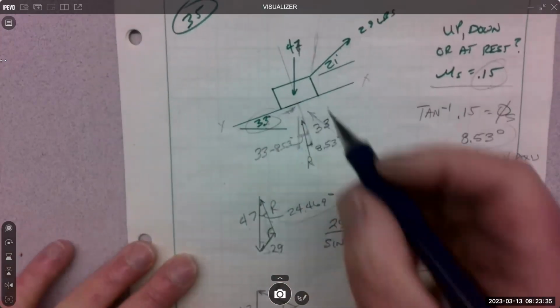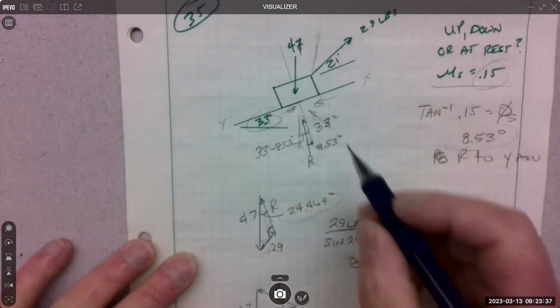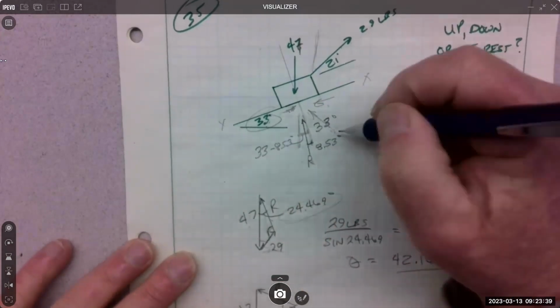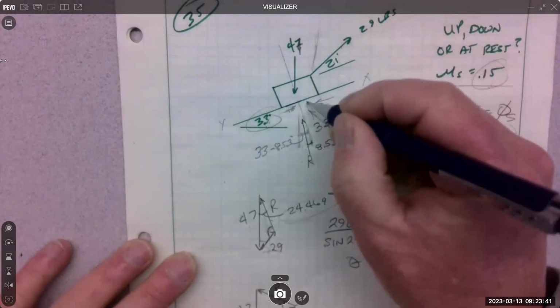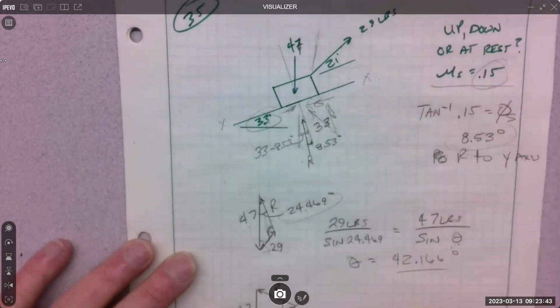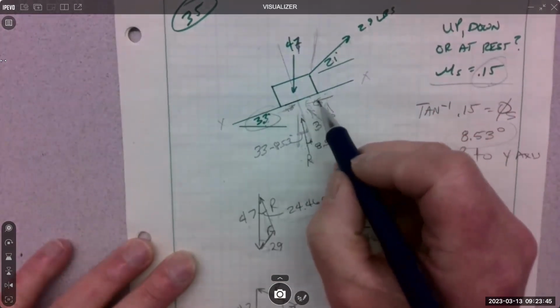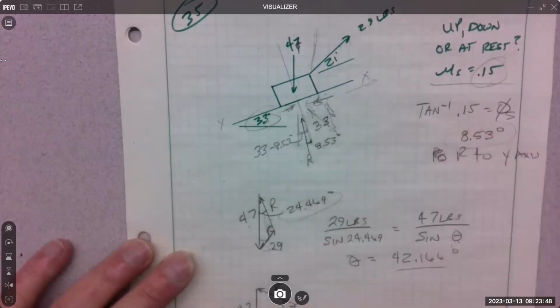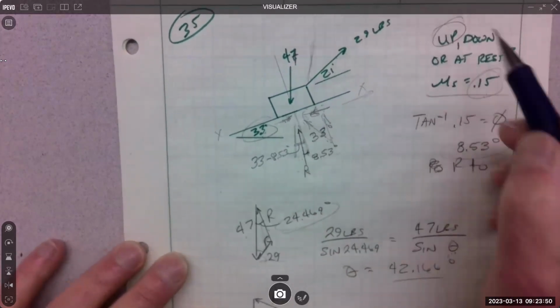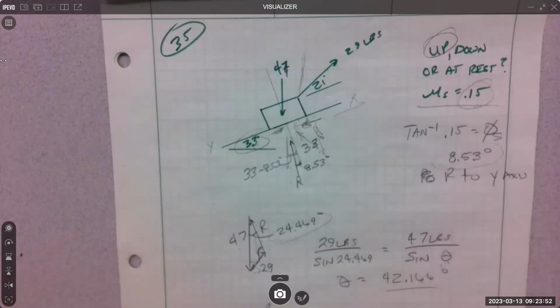So if that's the case, then F has to be here, because these two combine to get that. So if F is here, impending motion is definitely up the hill. So that's a rough way of coming up with it, but that's how you do the force triangle method.